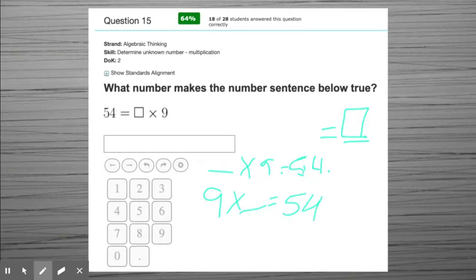And then for division, I'm taking the product, or the largest number, and dividing it by the factors. So I'm going to do 54 divided by something equals 9. And then my final one will be 54 divided by 9 equals something.